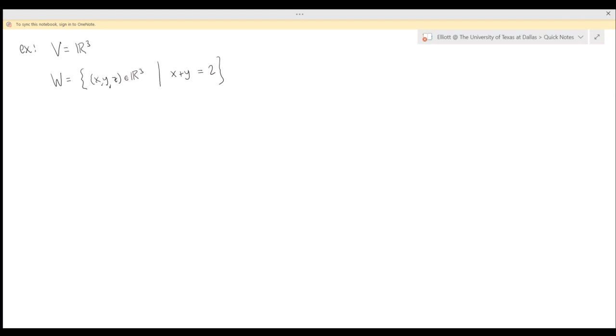All right. So let's try to check if this subset of R3 is a subspace.